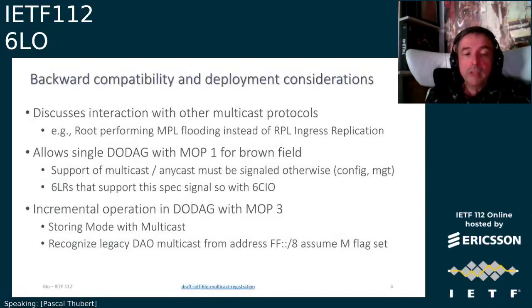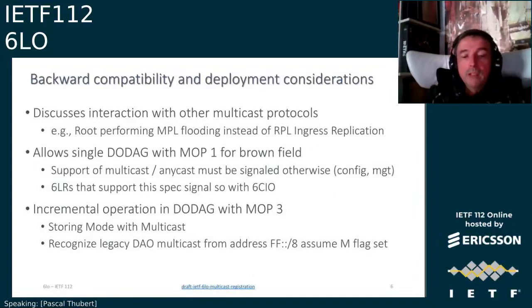What we say is, yes, you can deploy this specification in a brownfield with MOP1, but the devices will have to know whether a 6LR supports this specification or not, and only send multicast registrations to 6LRs which do understand it. So we added a flag in the 6CIO, the capability option, to indicate that the 6LR supports this specification.